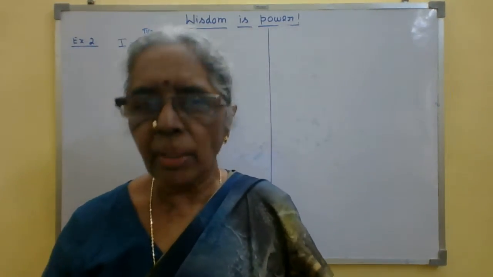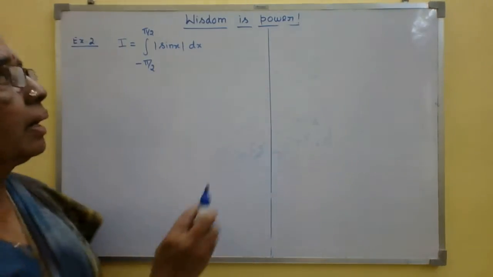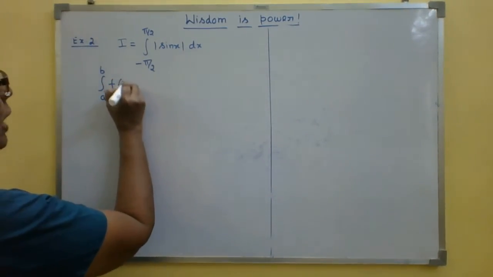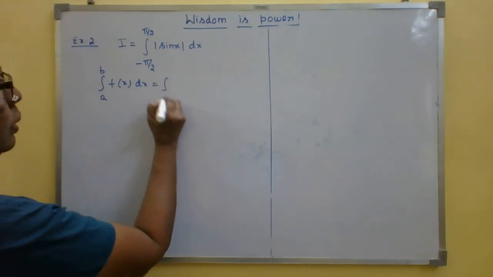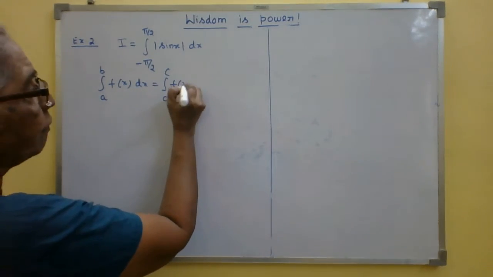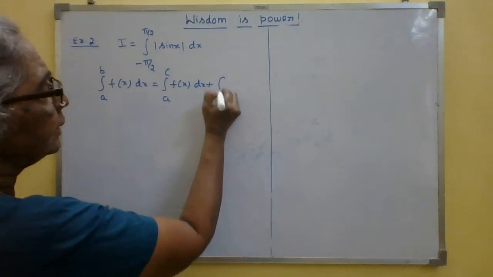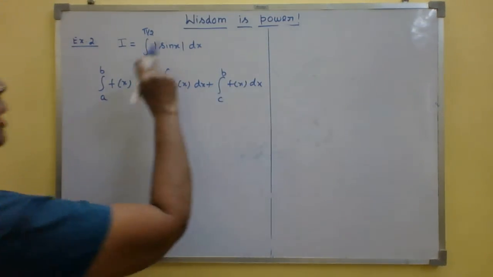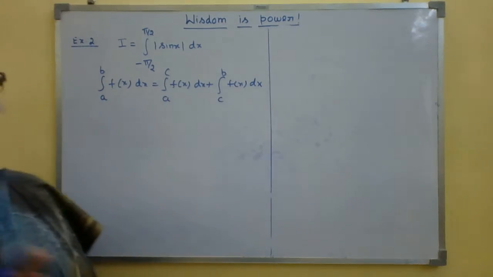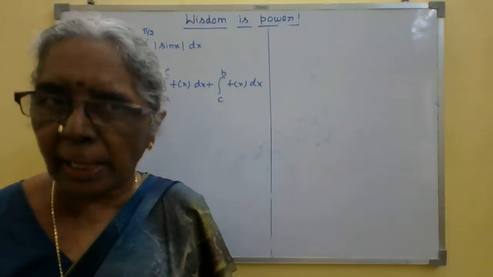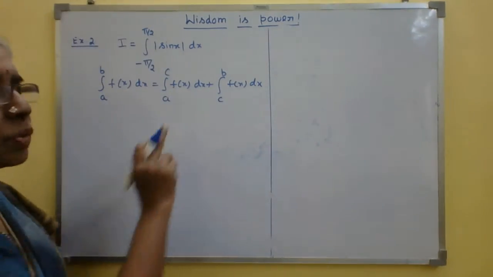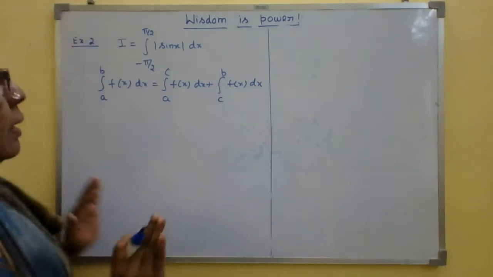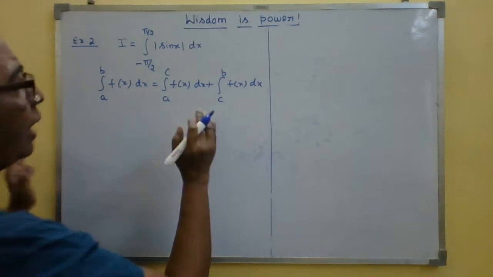So if you have a modulus, always remember the property you have to use is only integral a to b f of x dx is equal to integral a to c f of x dx plus integral c to b f of x dx. So in spite of this limit being in the form minus a to a, you have to use only this property. Make a note of this point. This is important.